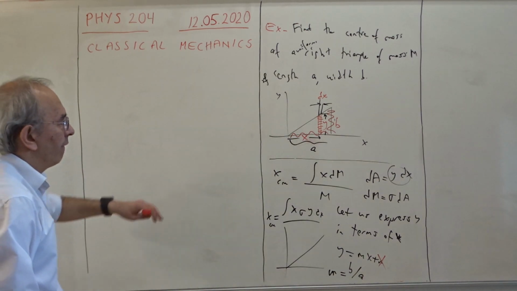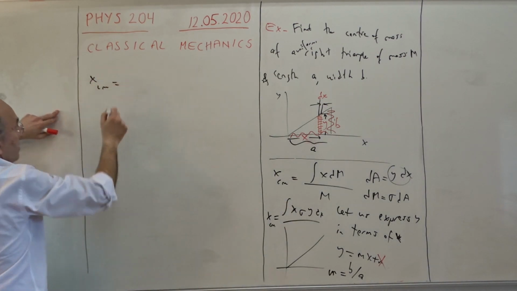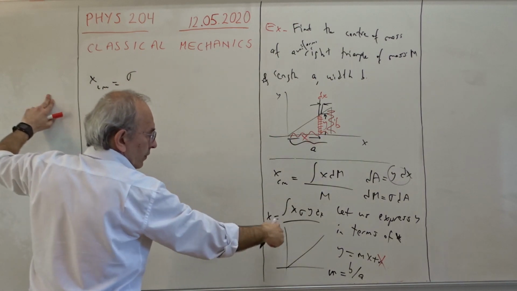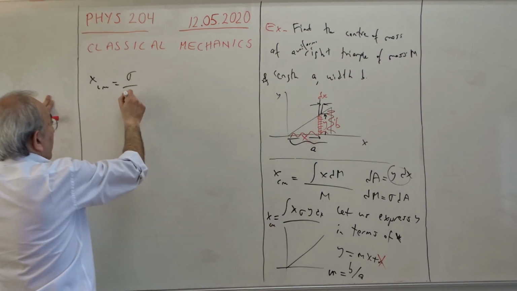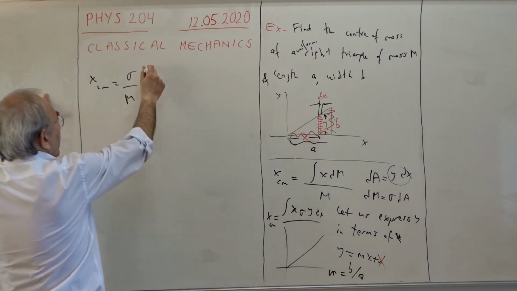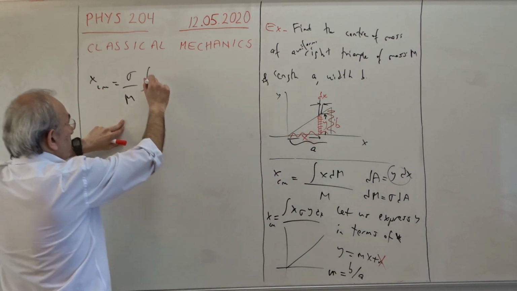Now what do we have in this integral? x center of mass equals, let's take sigma outside, divided by M, so sigma over M is taken out. We have the integral. x remains there.